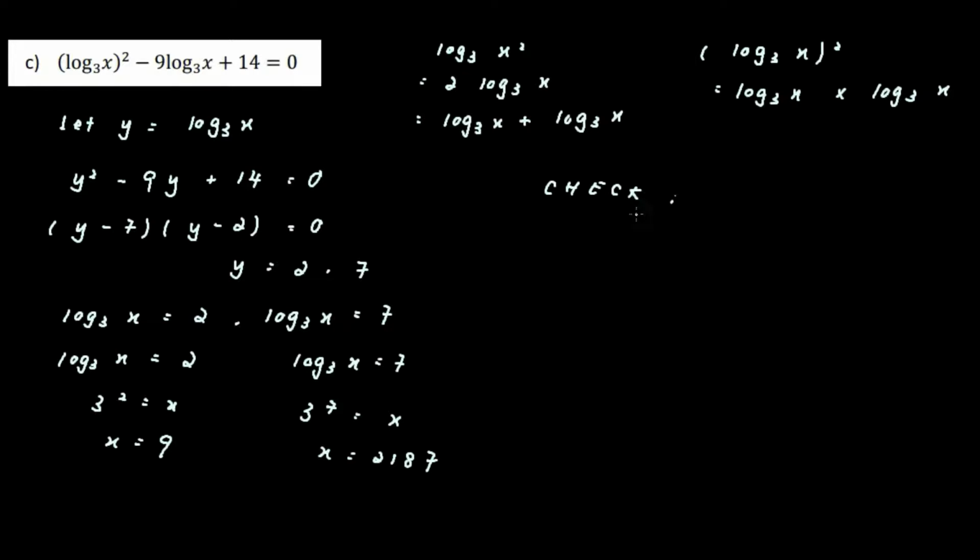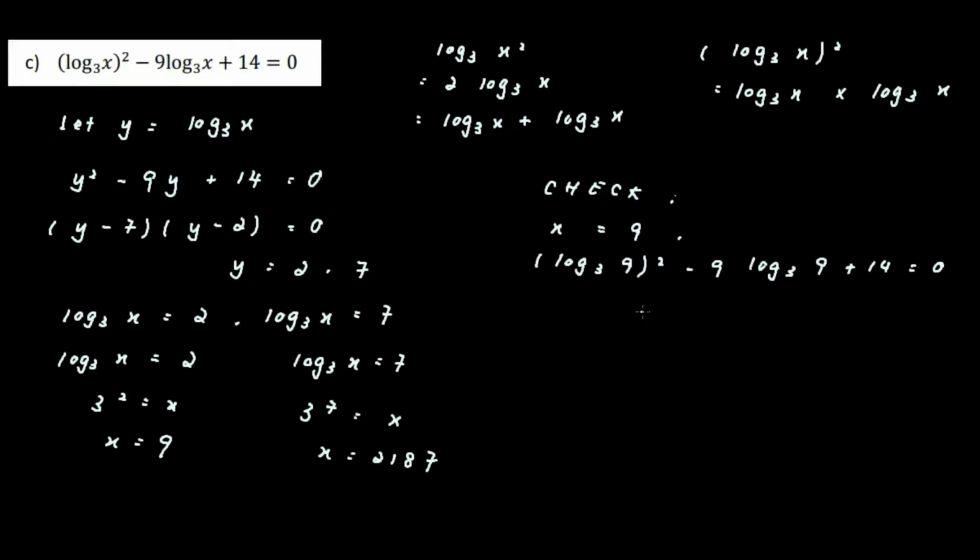For the checking part, you can substitute them straight back into the equation. So x equals 9. By looking at it, I guess these two solutions can be accepted, but let's check. So you have log base 3 of 9, squared, minus 9 log base 3 of 9, plus 14 equals 0.